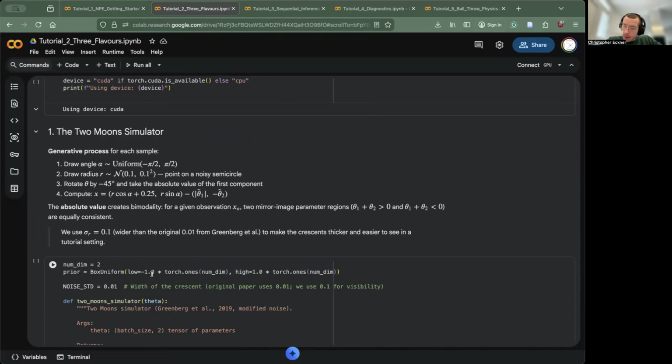I think also Gabi has shown you this two moons example already when she was discussing normalizing flows. So this is an example that shows you where there are some modes that you need to watch out for when doing simulation-based inference.